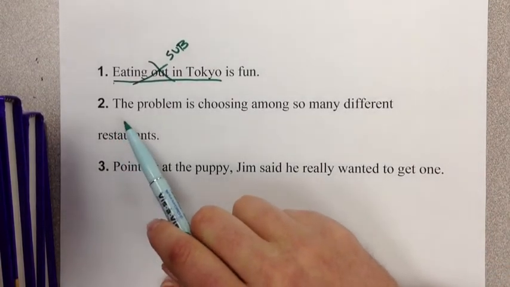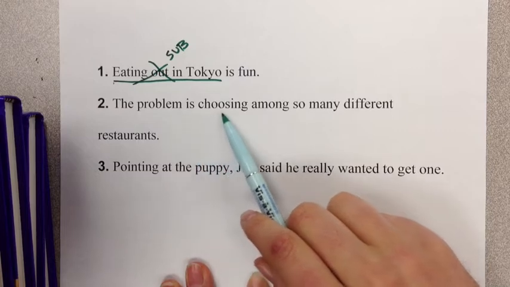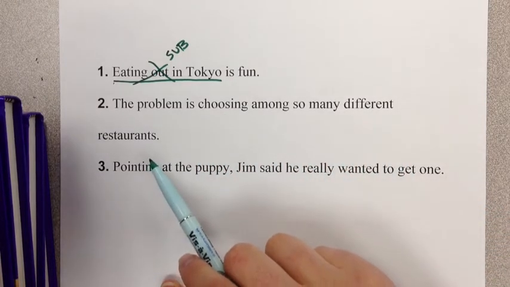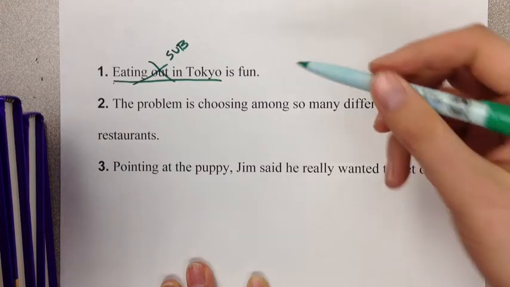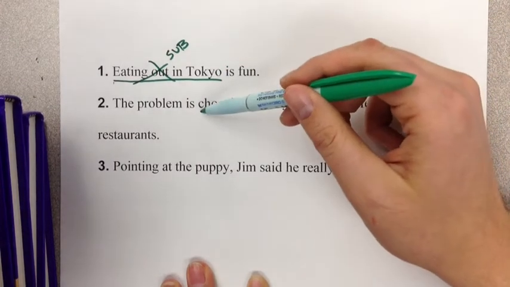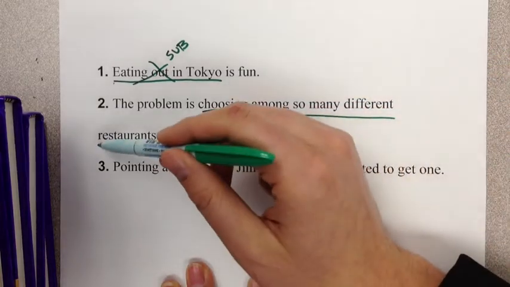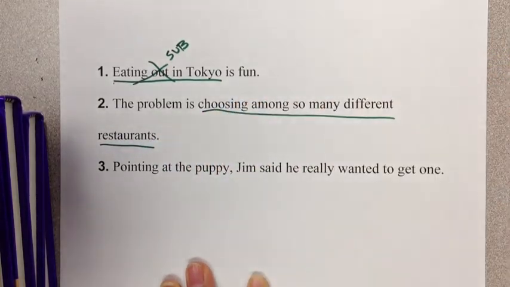Number 2. The problem is choosing among so many different restaurants. So here is our phrase, choosing among so many different restaurants. And I know this seems like I've identified too much, or it might be very long, but it's really not so hard.